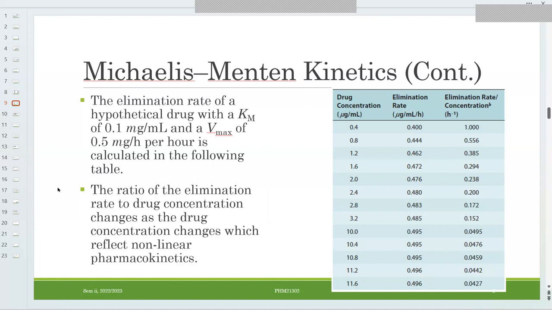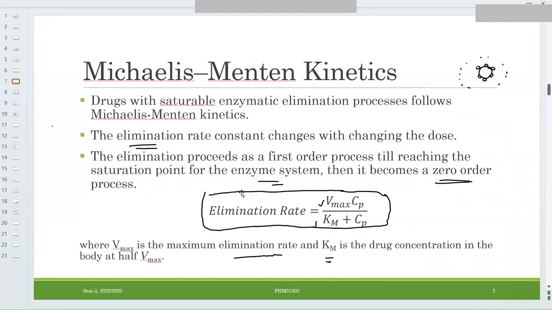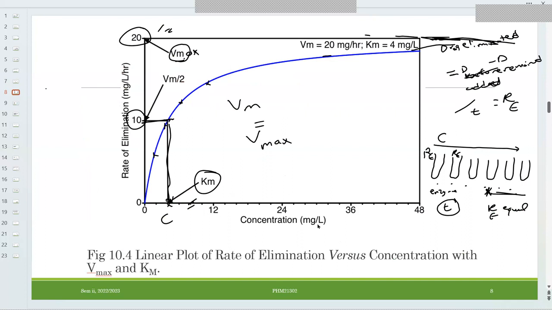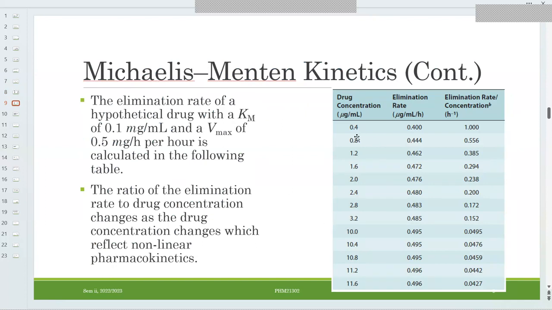Then we use the same equation that we previously mentioned. We calculate the rate of elimination. We substitute with the values of Vmax and Km, with different drug concentrations. So we vary the drug concentration from 0.4 up to 11.6.